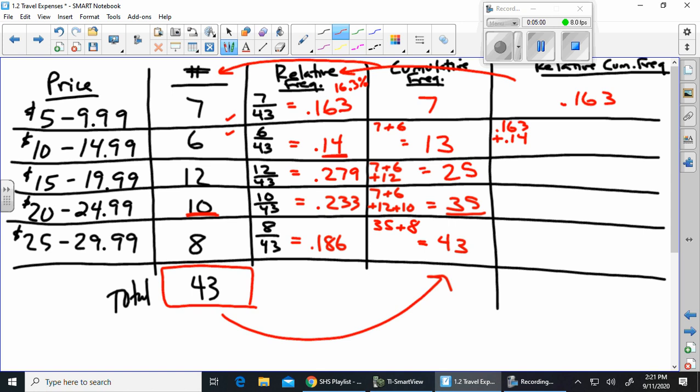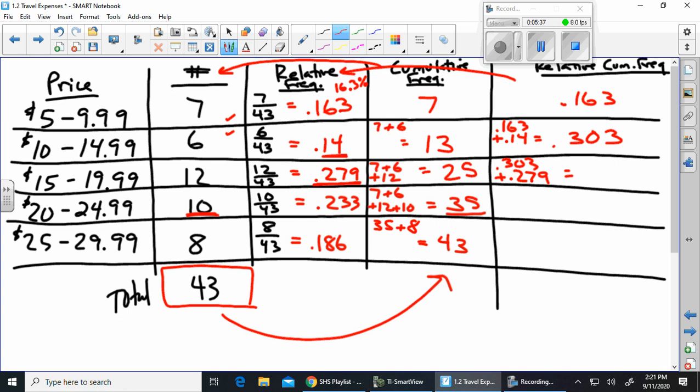So you have 0.303. Then you would take your 0.303 and add the next number, which is 0.279, and continue until you have the whole column. Okay, so then you can answer those questions. Again, anytime you're asked a percent, multiply those by 100 or move your decimal point.